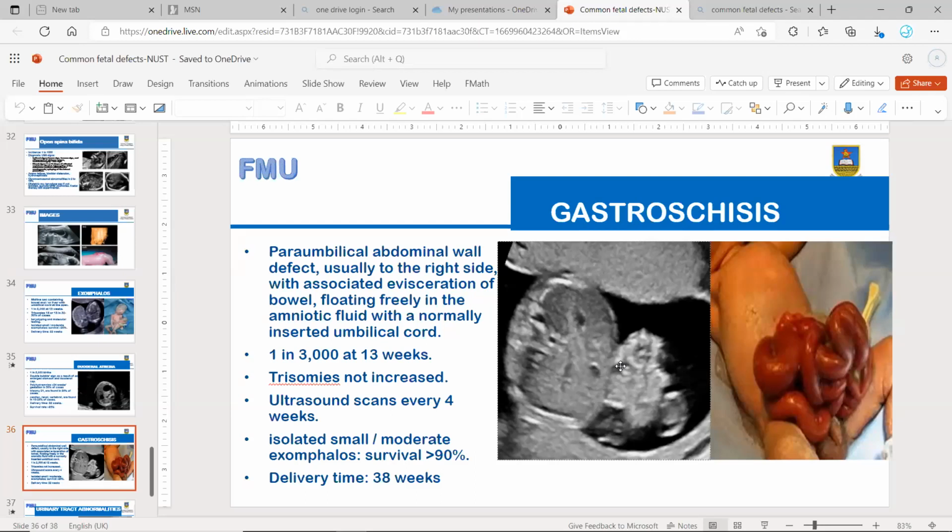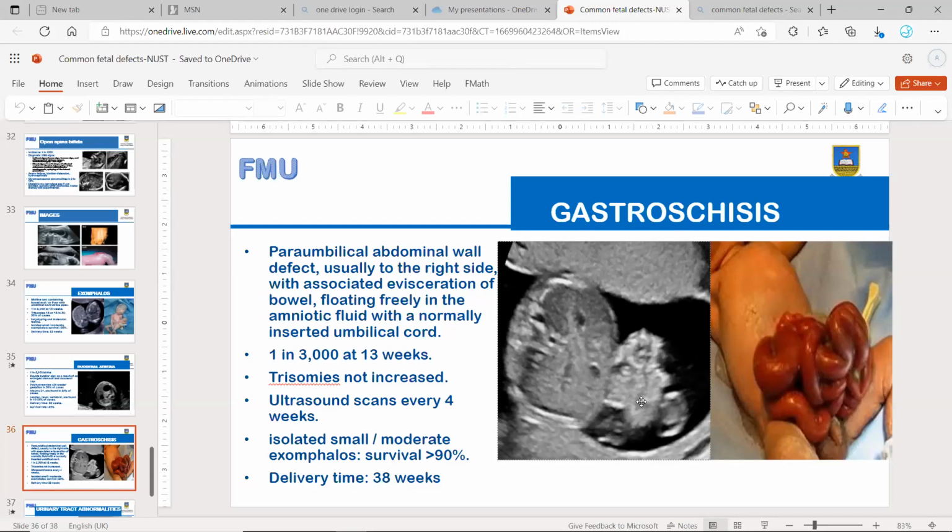So there's going to be herniation of bowel on the right side of the umbilical cord. The umbilical cord is still attached at the level of the abdominal wall, unlike in the exomphalos, and you are going to see free-floating loops of bowel.